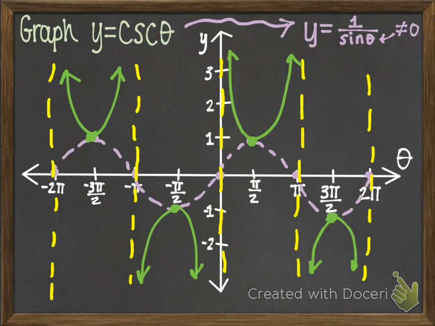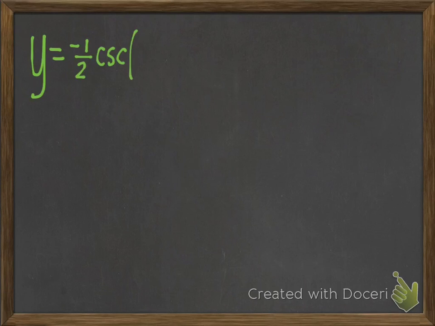So for homework, I want you to write the domain and range for this function, and I want you to graph the following function. Are you ready? Domain and range for the parent, and your homework is y equals, let's do some fun numbers, negative 1/2 cosecant. Now let's be a little bit more creative.